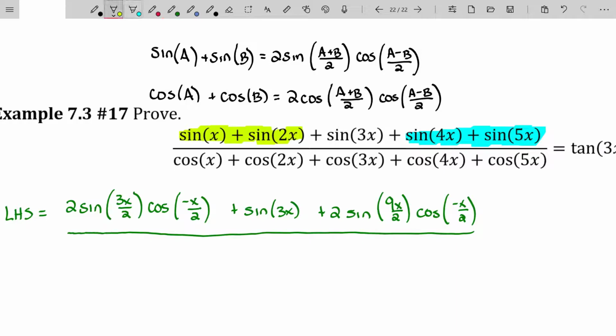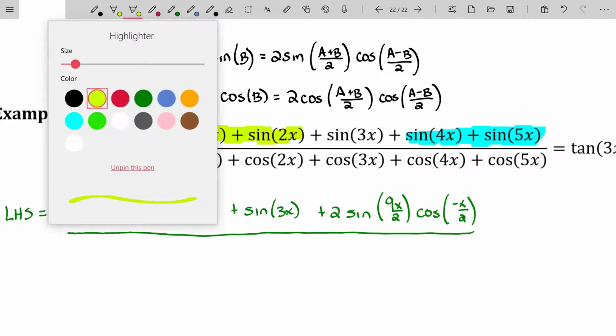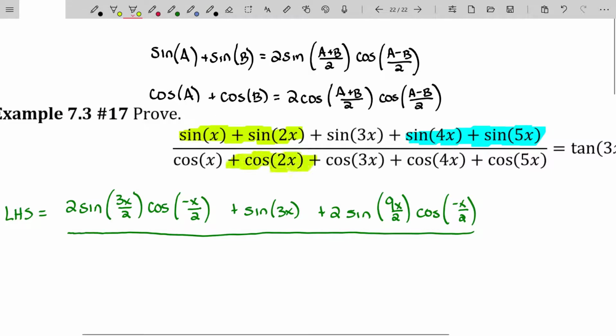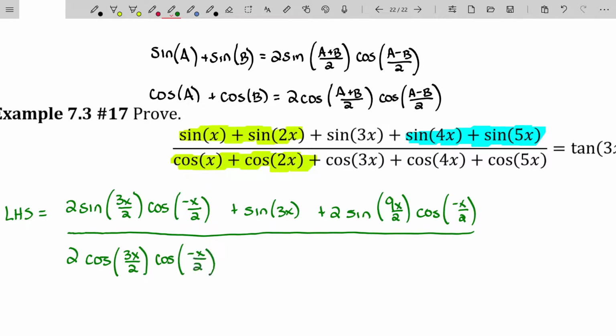Now we're going to do the same thing in the denominator. So in the denominator, we'll go ahead and add up the cosine of x and the cosine of 2x using the formula right here. So cosine of x plus the cosine of 2x is going to be twice the cosine of x plus 2x, which is 3x over 2, and times the cosine of x minus 2x, which is a cosine of negative x, over 2.